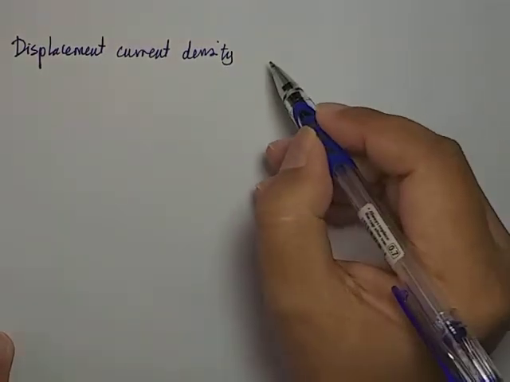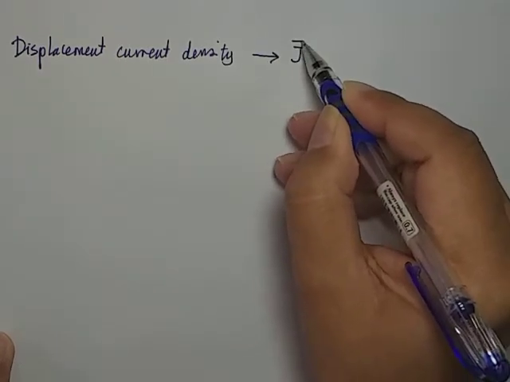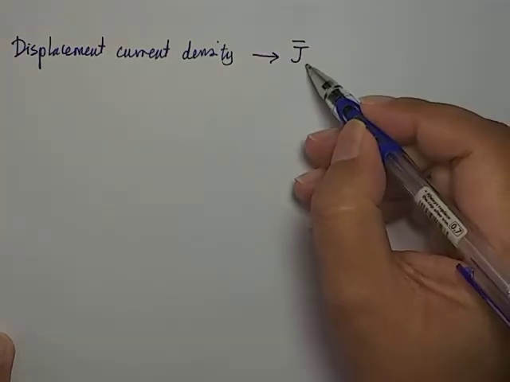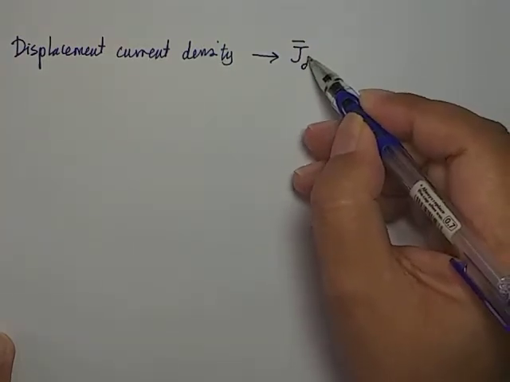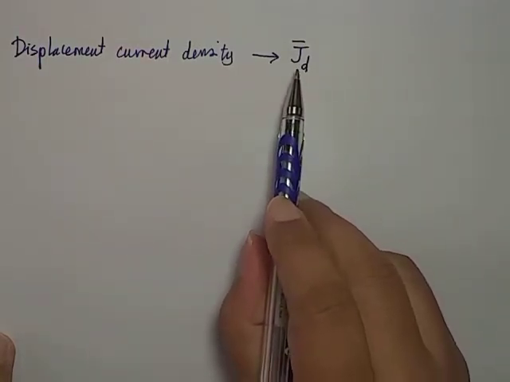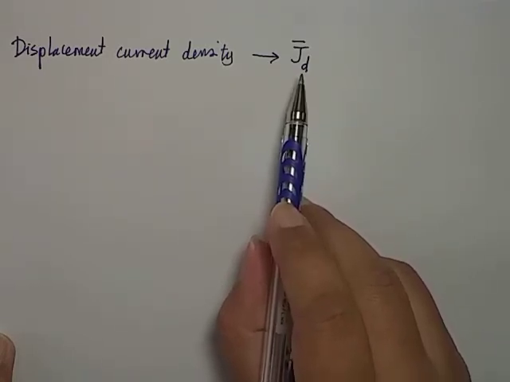Okay, to make it easy, this particular current density is going to be represented with the symbol J, because J is what we use to represent current density, and then you're going to see the subscript D. Whenever we see subscript D being used for the J, that will represent our displacement current density.